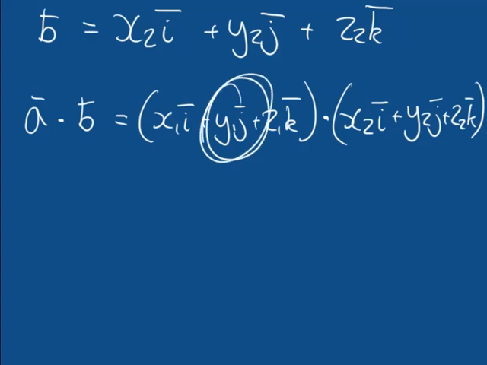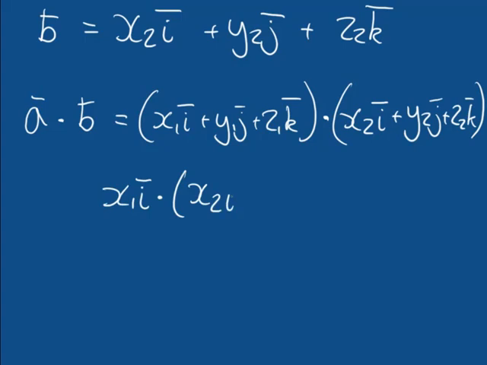We then take the second term of this bracket, multiply it by each of these. We then take the third term of this bracket and multiply it by each of these. It's going to be quite a long equation, but we'd get x1i multiplied by, or dotted with, x2i plus y2j plus z2k.